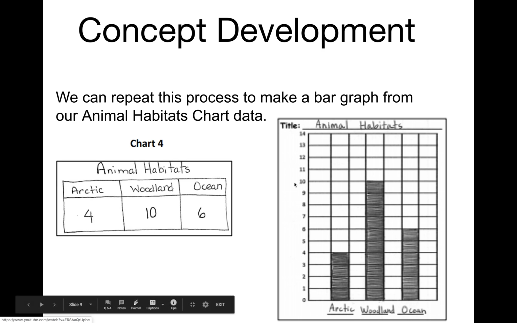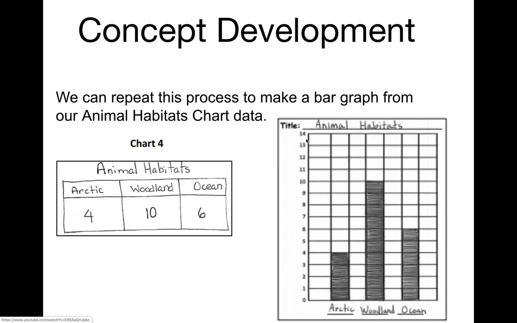Here we did a vertical bar graph. It doesn't matter whether you do it horizontal or vertical, whichever way you want to line it up is completely fine. Usually the problem will indicate which way they want it done. But when it comes to you doing this on your own, you can also choose for yourself. And it's going to represent the exact same data.